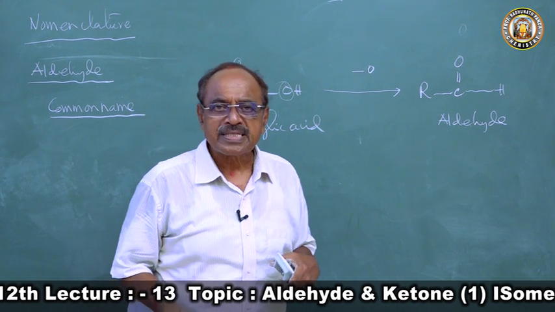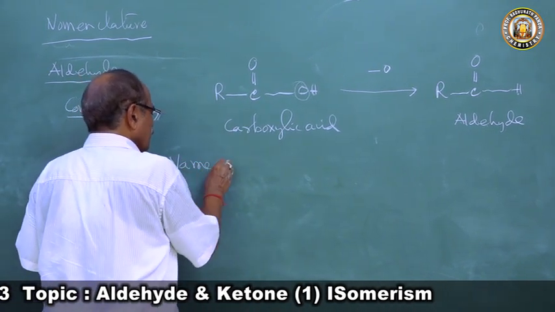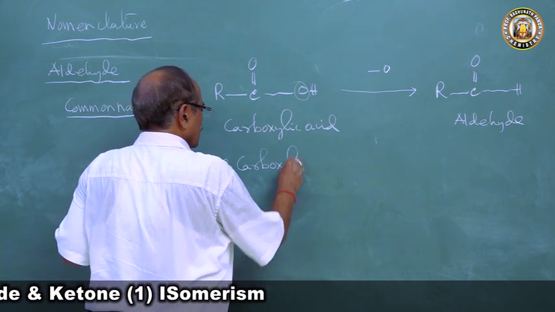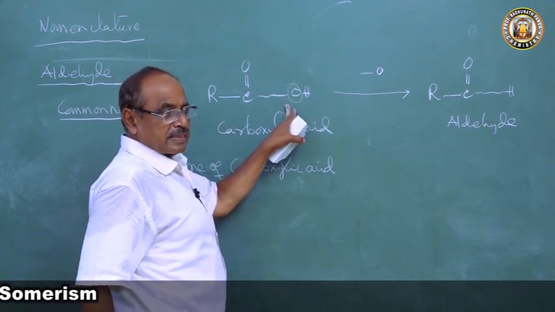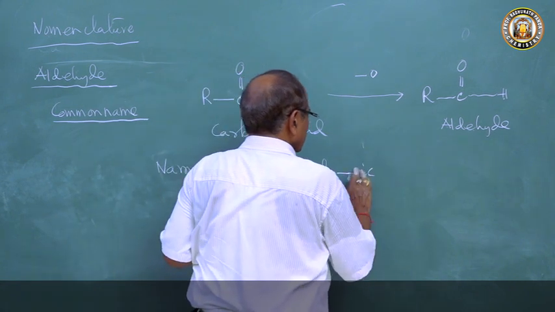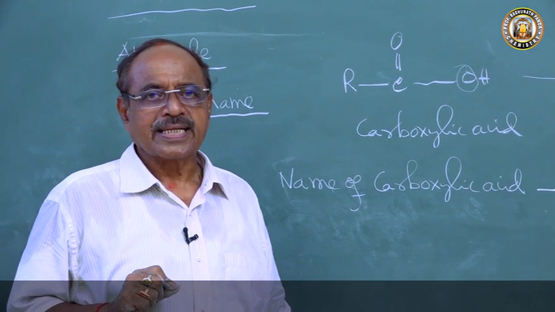So how is the name given? We take the name of the carboxylic acid. Now it was carboxylic acid, it is no more acid, so minus IC acid. Now we will come to the common name of the aldehydes.